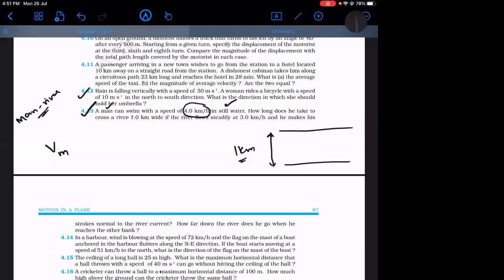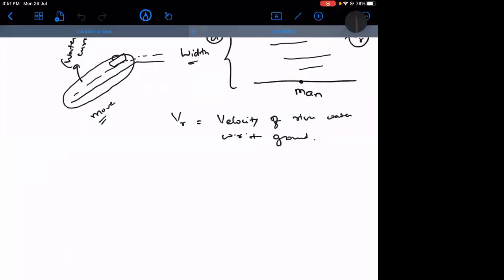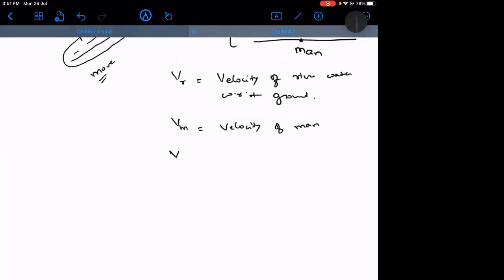No. Okay, listen. If I call Vm the velocity of man, then Vm with respect to r is called the velocity of man with respect to river or still water.